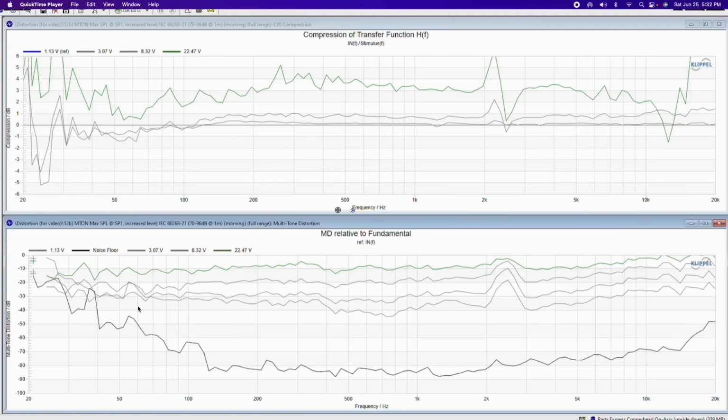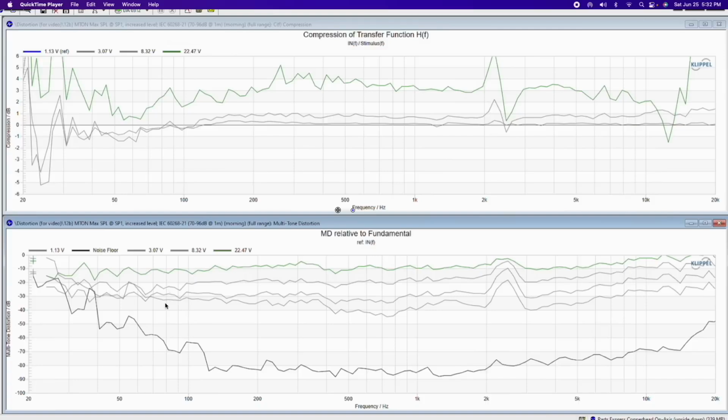Even if there's nothing going on in the room itself, the room has a noise floor, and the lower in frequency you go, the higher that noise floor is. So at some point on the lower end, the results are basically inaccurate, if I'm being honest. But as long as you understand that, you can still know how to use the data. Generally speaking, above about 50 hertz, you're okay to use that data.